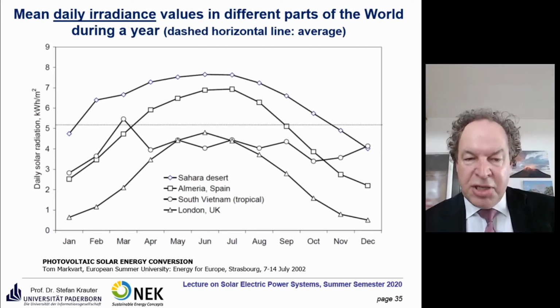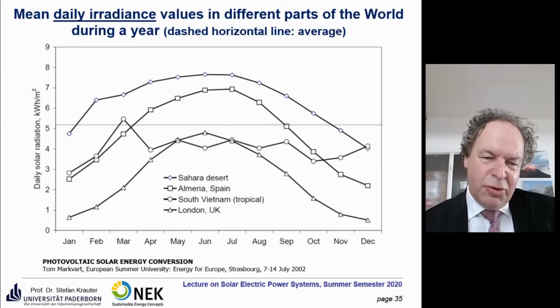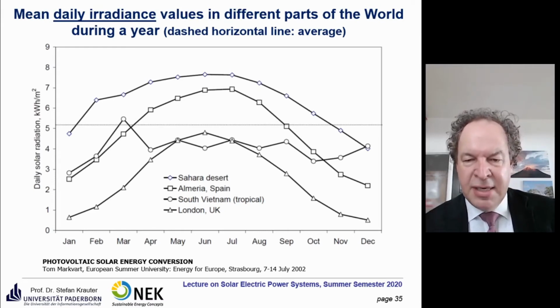On the lower part, we have London, United Kingdom. We have a little bit above half, comparable to Berlin, in kilowatt hours per square meter per day. And in summertime, it's not as good as in Berlin. So we have only 4.5 kilowatt hours per square meter per day.